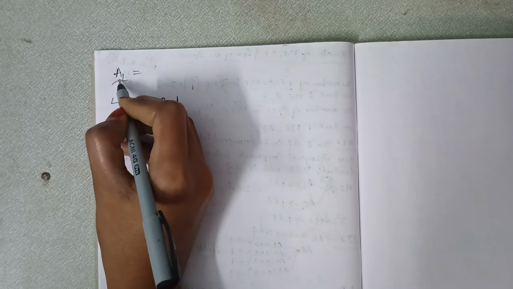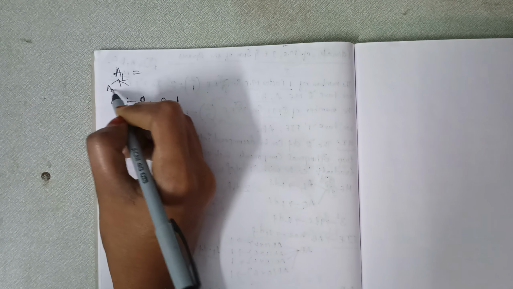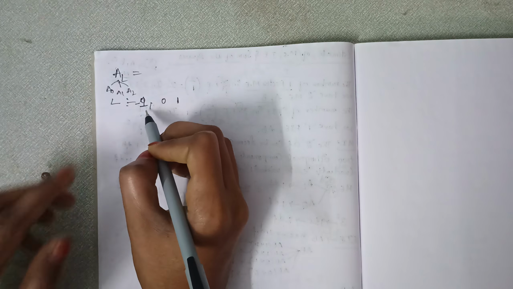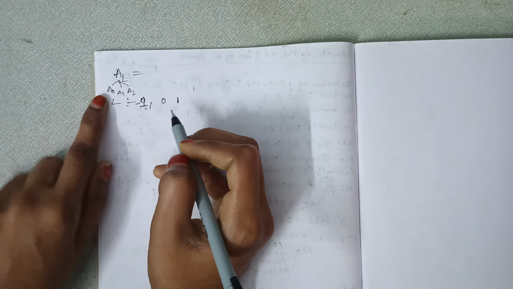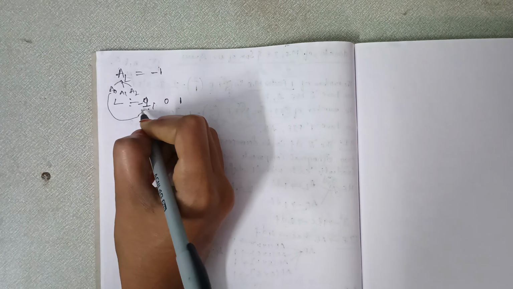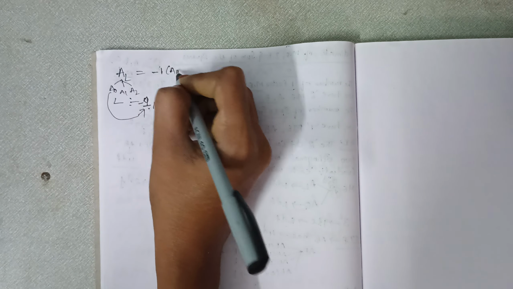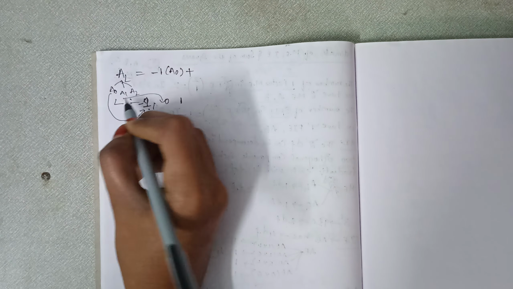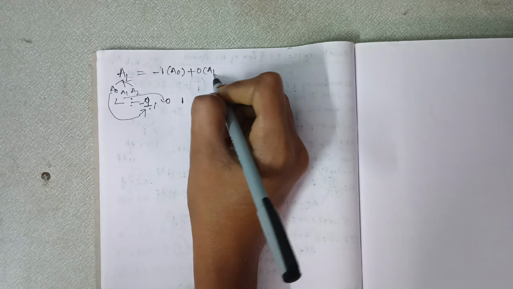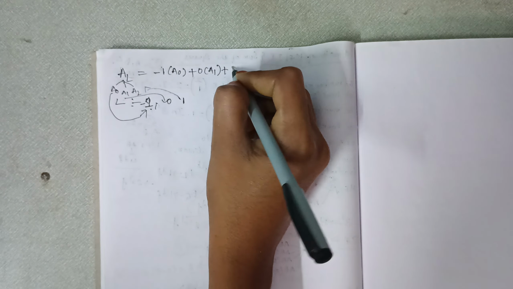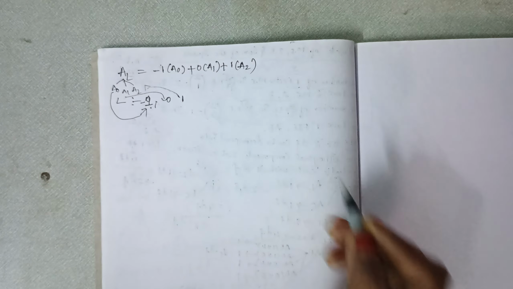So A has three levels, that is A0, A1 and A2. So you need to multiply these coefficients with their levels. So -1 into A0 plus 0 into A1 plus 1 into A2.